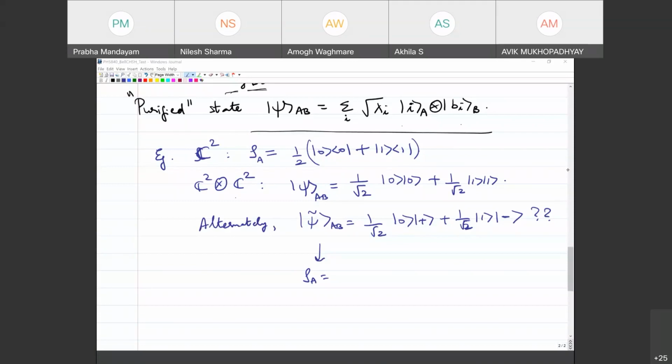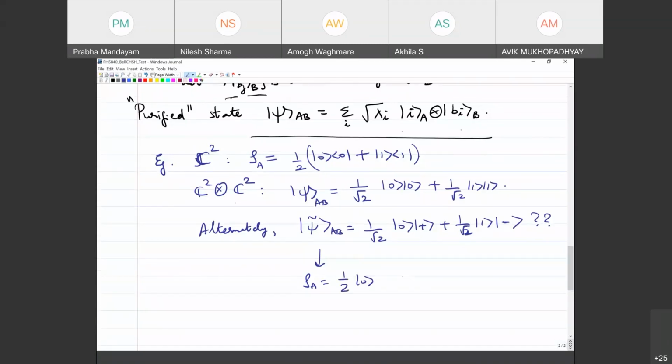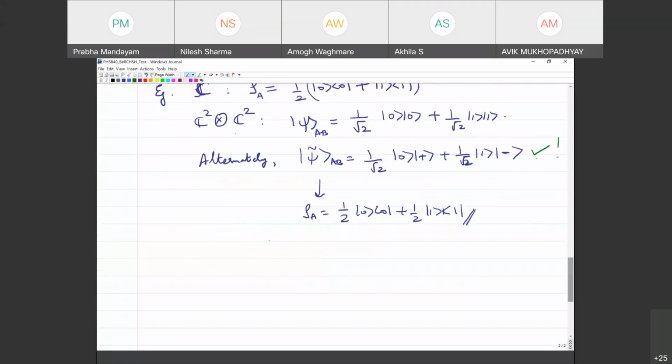It's the same one. Same thing as above. Half identity. So this is also half 0, 0 plus half 1, 1. So indeed, this is also a valid purification of the same density matrix. So what does this tell you about purifications?